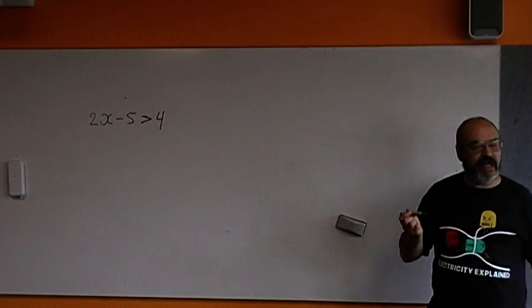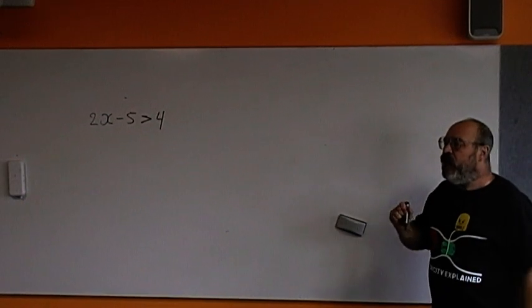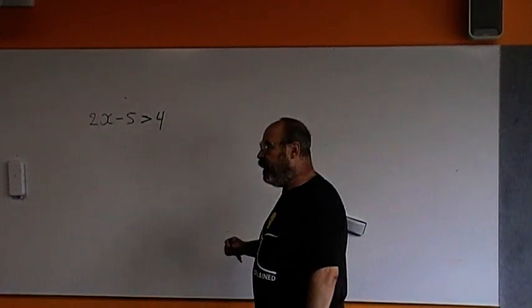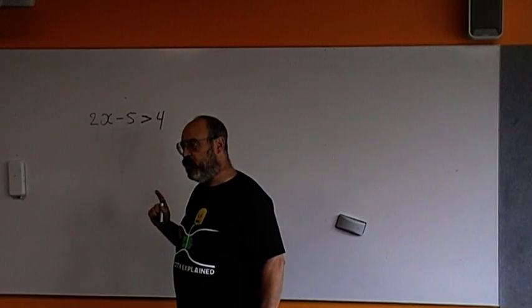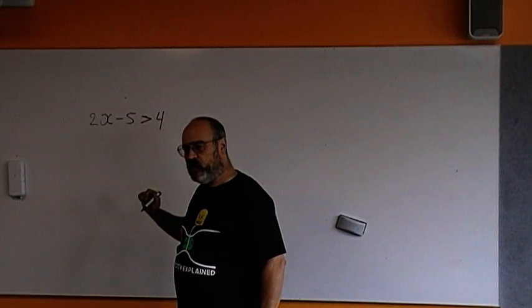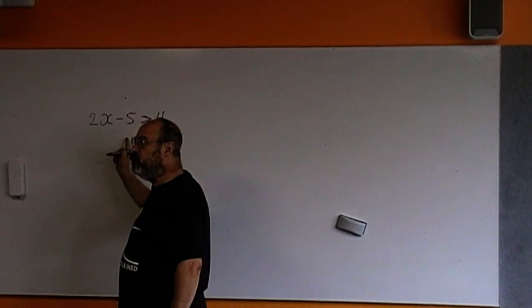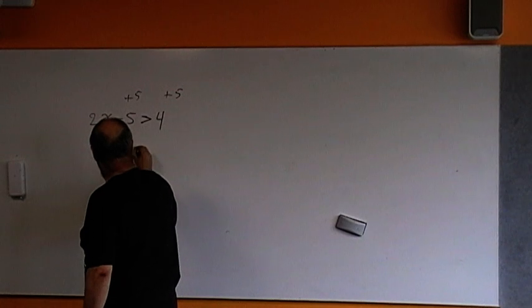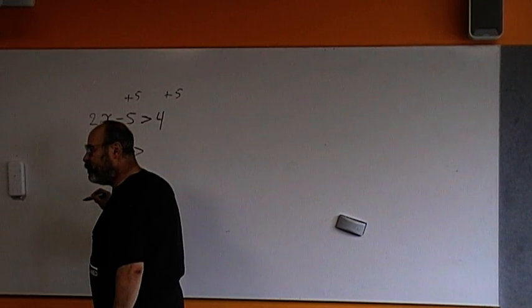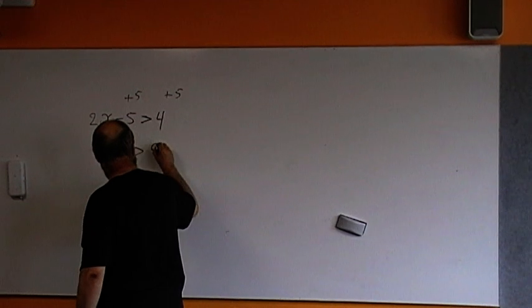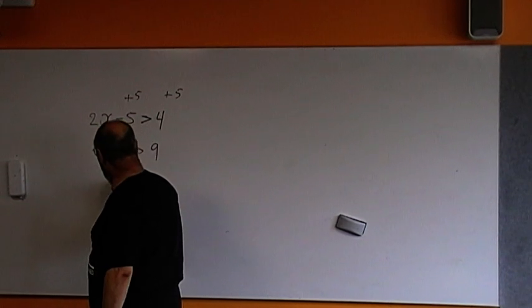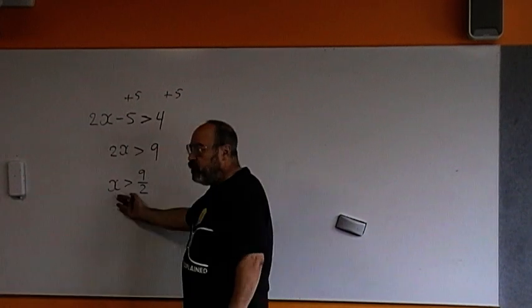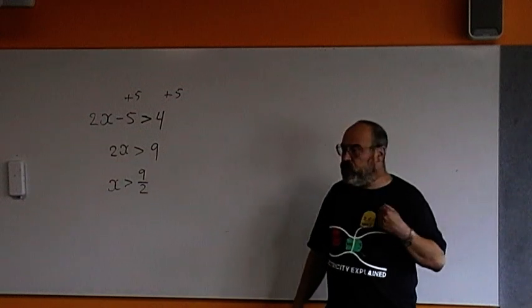We solve an inequality in exactly the same way as we solve an equation, except there will be one exclusion. I will explain it in a minute. First, what do we need to do? Plus 5. Plus 5, we get 2x greater than 9. The next step, we divide by 2, we get x greater than 9 over 2. This is the answer to the inequality.